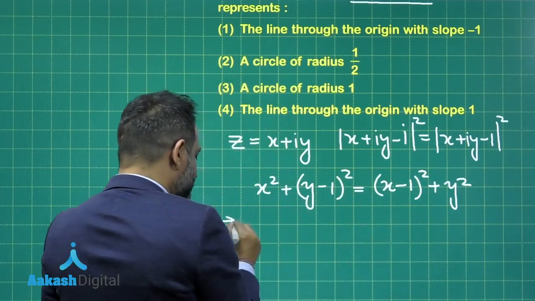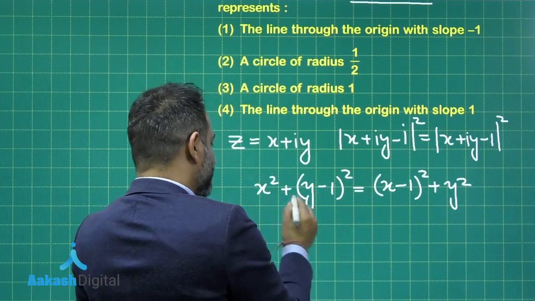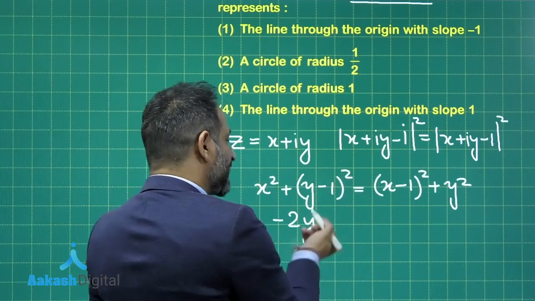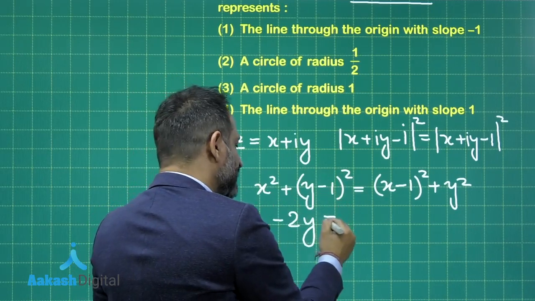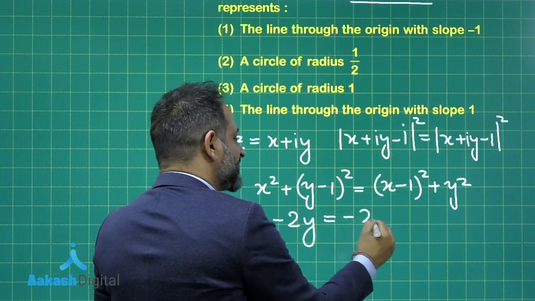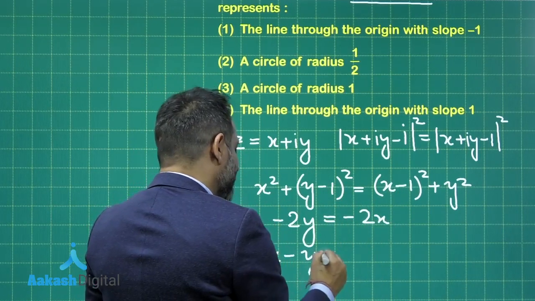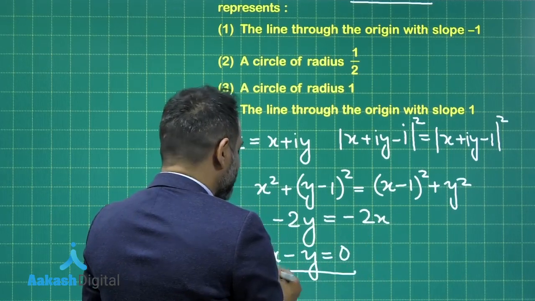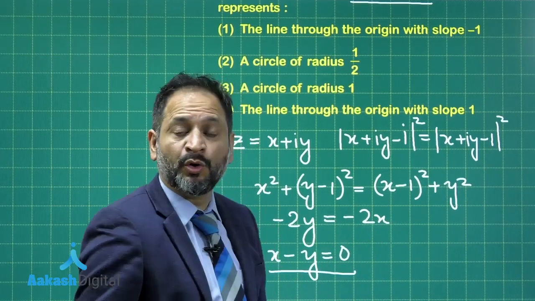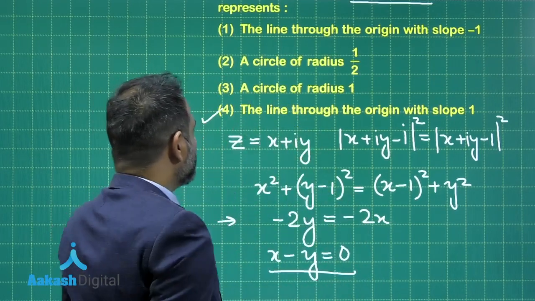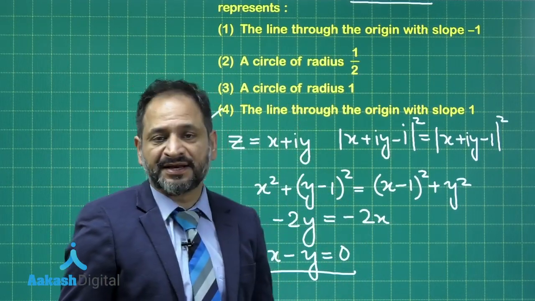Now if you square it out, we will have minus 2y, x square will get cancelled out, y square and 1 will get cancelled out, and here we will have minus 2x. So the required locus is x minus y is equal to 0, or a line passing through origin and having slope 1. So here we are, the fourth option is the correct one.